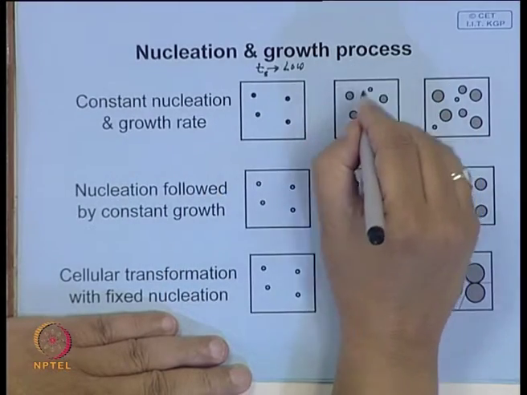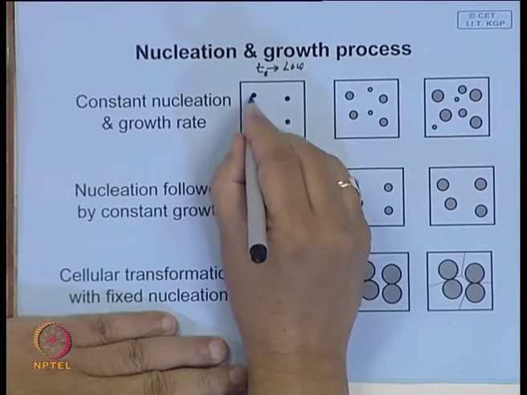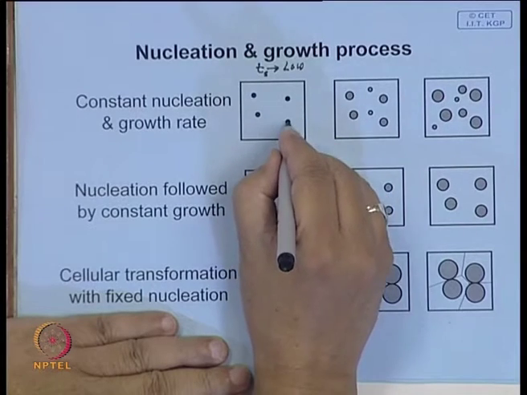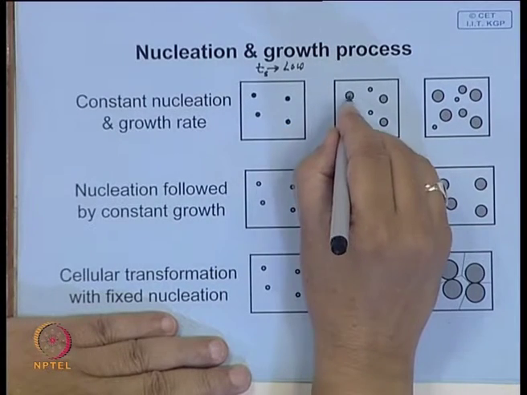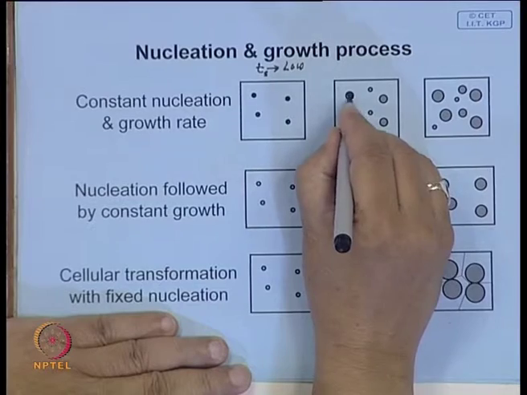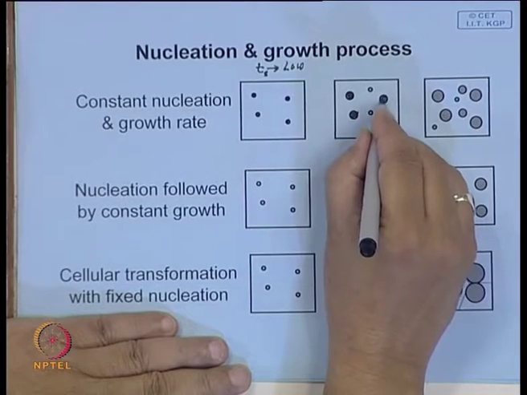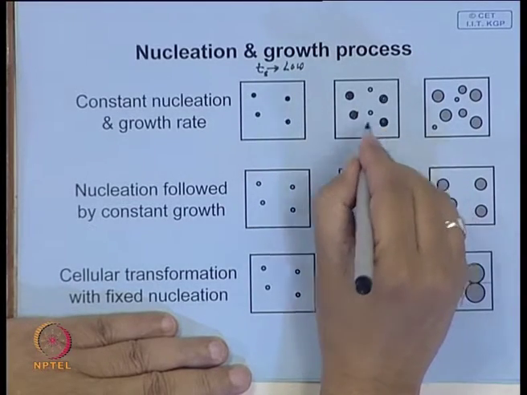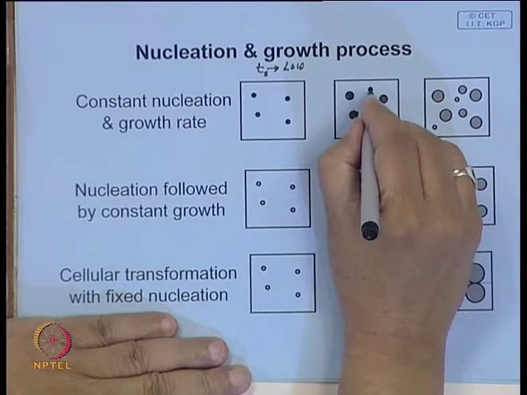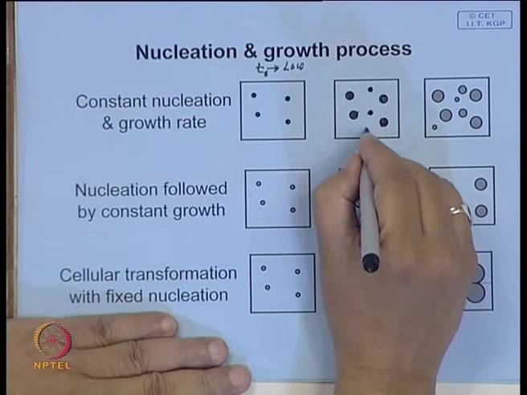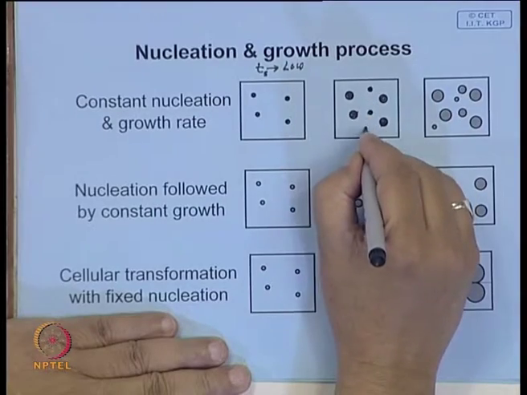At some intermediate T, what happens? The stable nuclei which have overcome that activation energy can grow. So, they have grown into this size, they have grown like this, and at the same time fresh nuclei can also form. So, fresh nuclei are forming here.